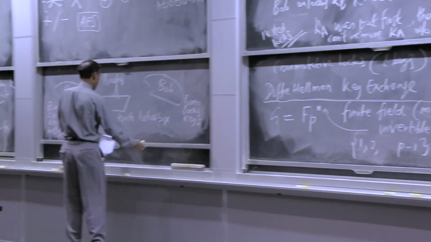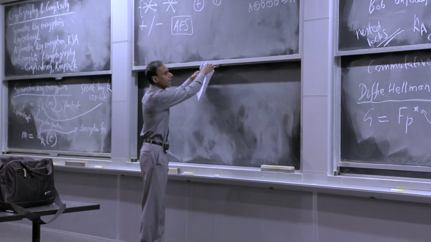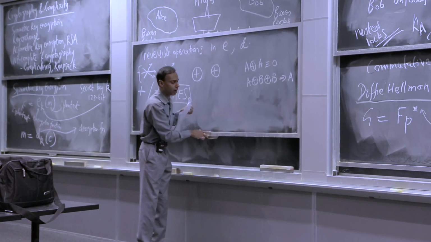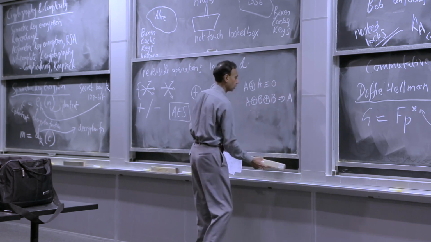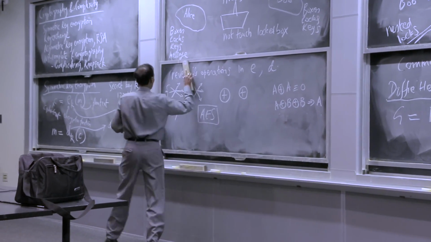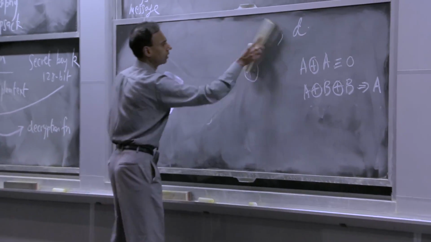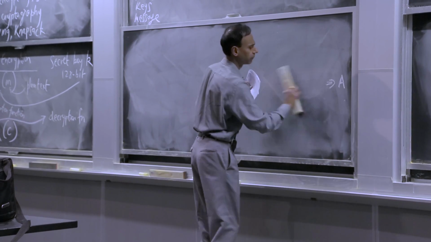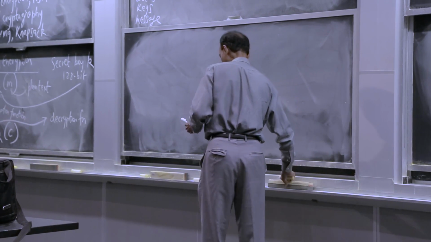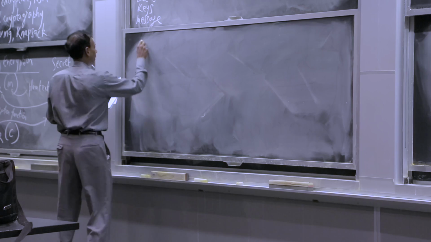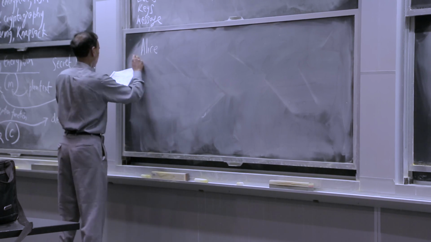Now, what is the analog of this protocol that Alice and Bob in our pirate puzzle ran? What is the analog in the mathematical domain, or in the finite field domain? Well, here's what happens.